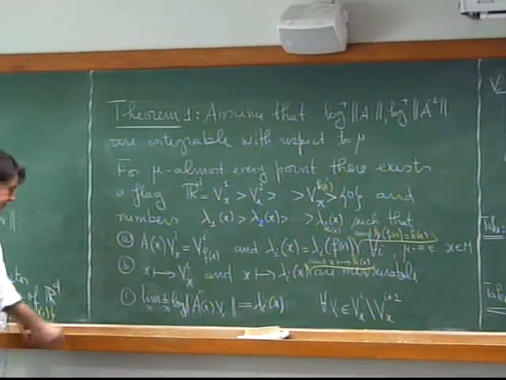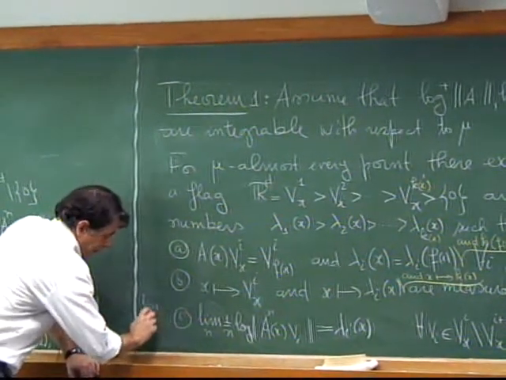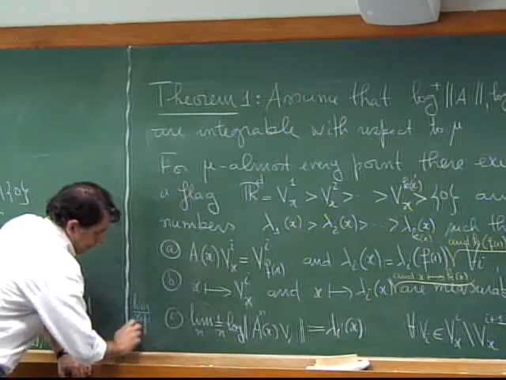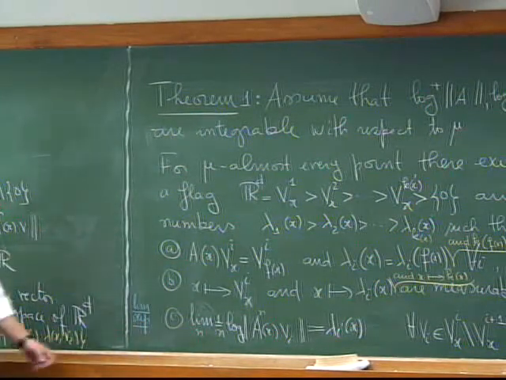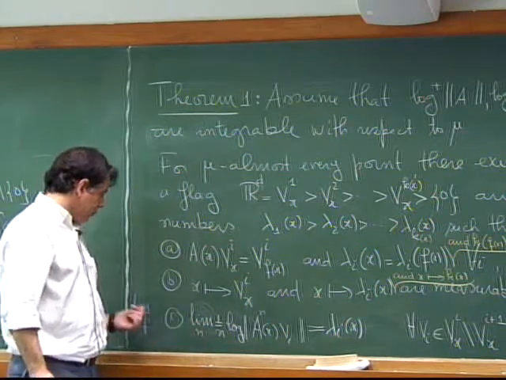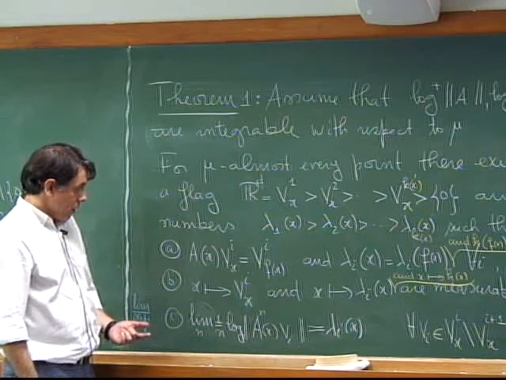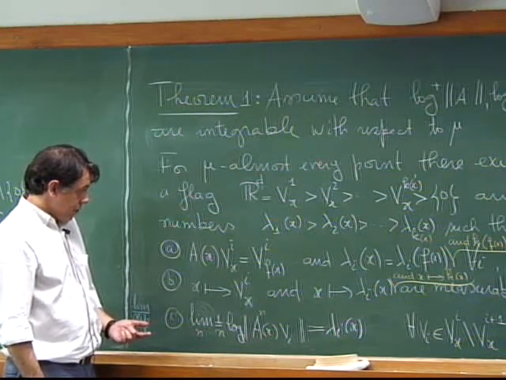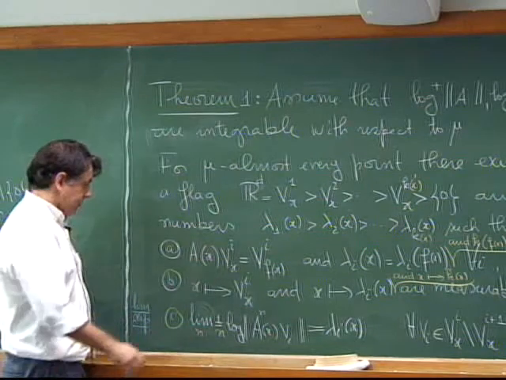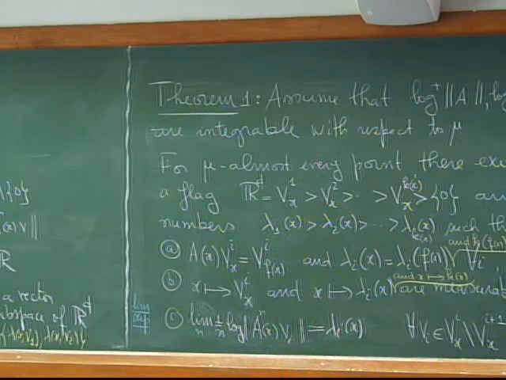We proved this with lim sup. Okay, as I already warned, the real difficulty is to pass from lim sup to lim, but that's what we are going to do later on. We already have this and this, in fact. Okay.